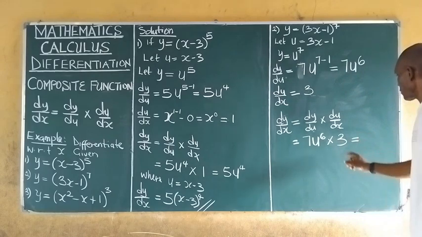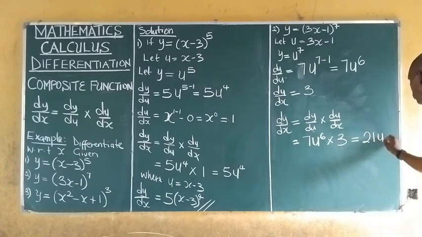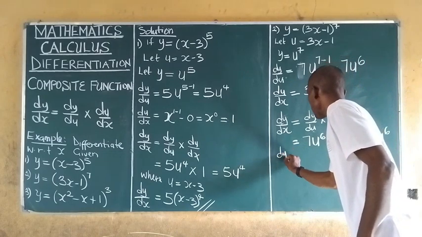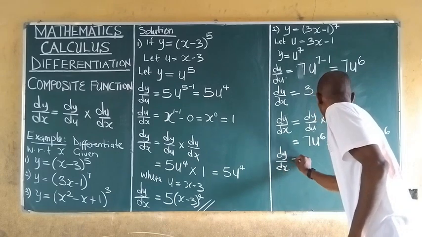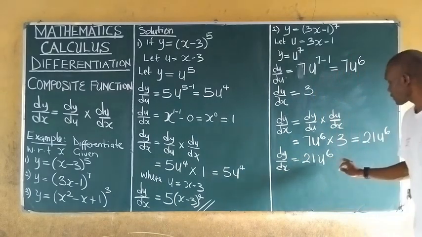So this is the same thing as 3 multiplied by 7 is 21u raised to the power of 6. So we have dy/dx will be 21u raised to the power of 6.